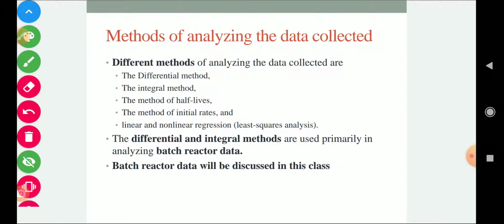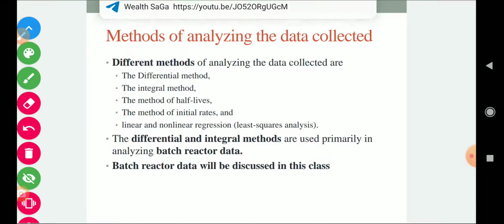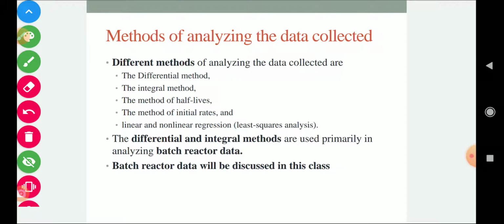After obtaining concentration versus time data, we have to analyze these data in order to calculate the order of reaction and to find out the reaction rate constant. There are several methods for analyzing these data, such as the differential method, integral method, method of half-life, method of initial rate, and linear and non-linear methods.